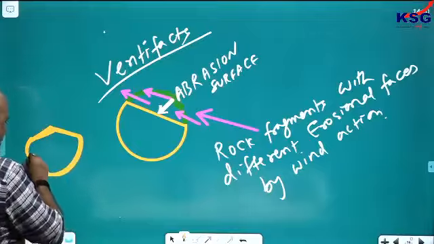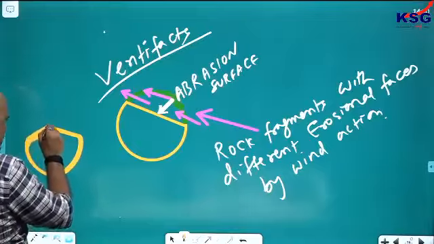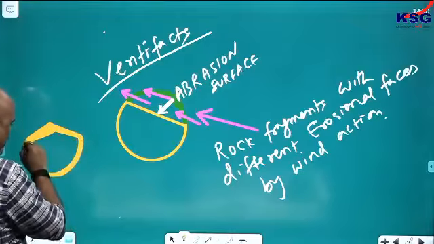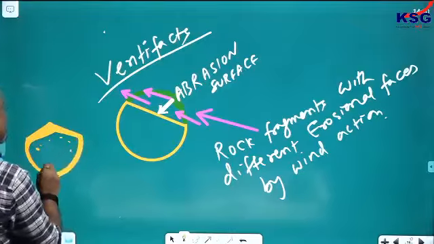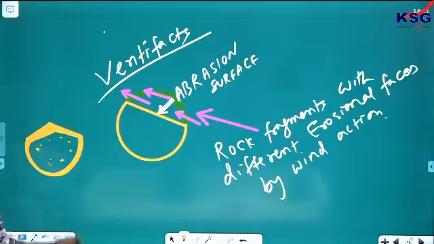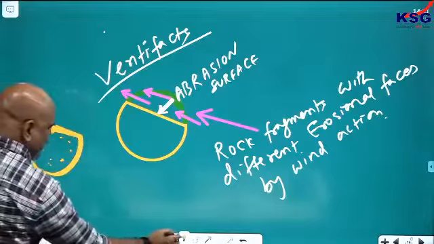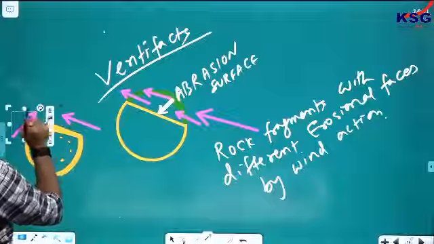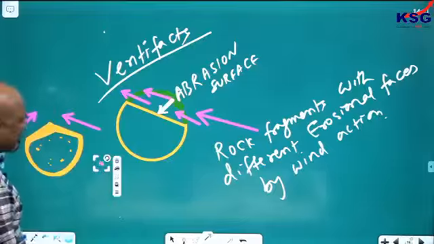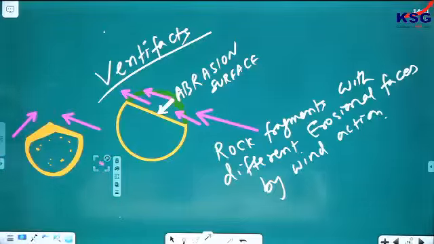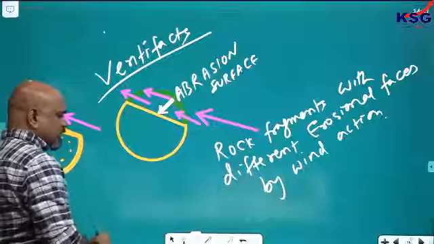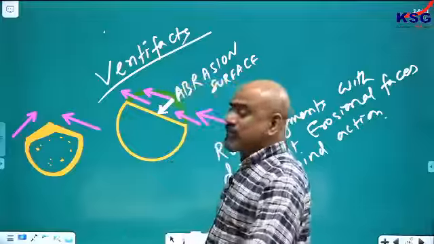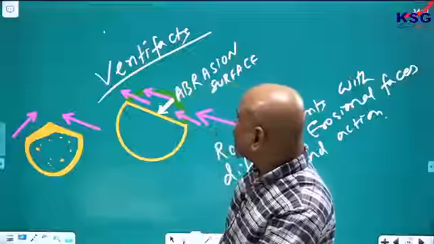This is also a rock fragment here. This is an edge. So here you have the wind direction, here you have a change in the wind direction maybe. Because of this, we have this type. More than two faces, there are 3 faces also. 3 faces are known as dreikanter.